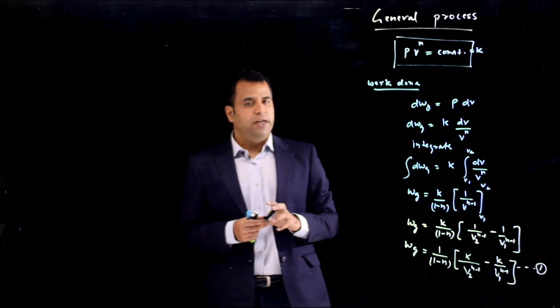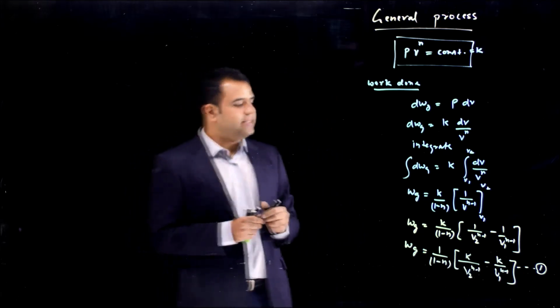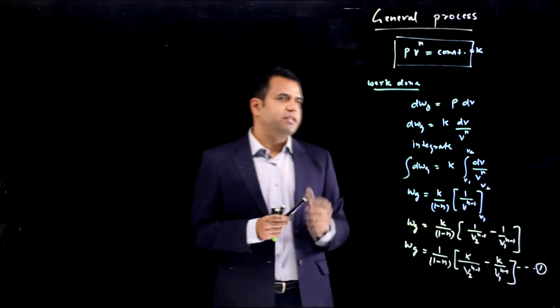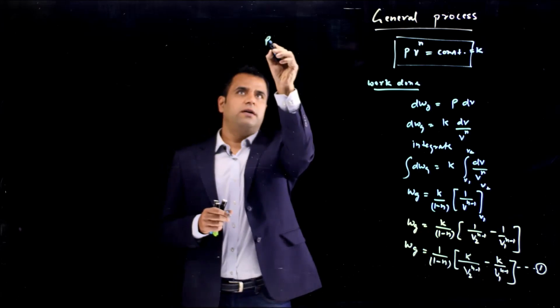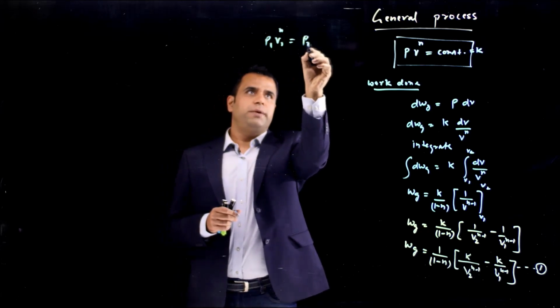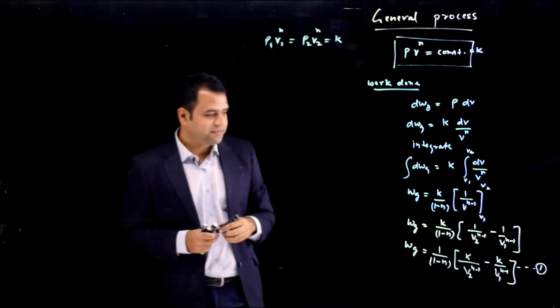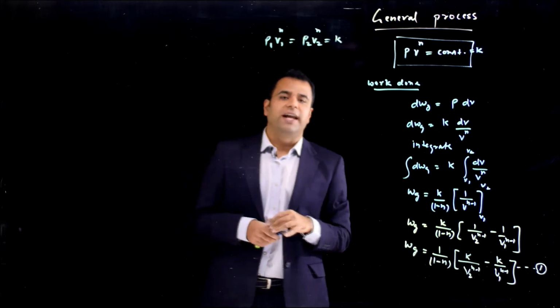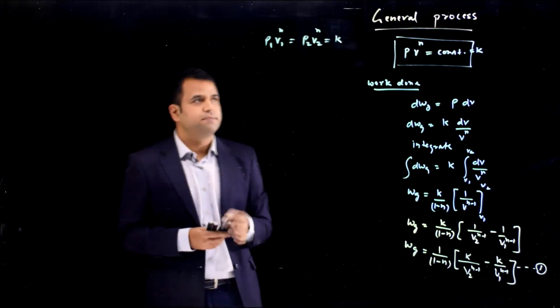V1 and V2 are the values of volume at state 1 and state 2, and obviously state 1 and state 2 will satisfy this equation also. So we'll have P1 V1^n equals P2 V2^n equals K. I have the value of K from this, and I can put this value into this equation.